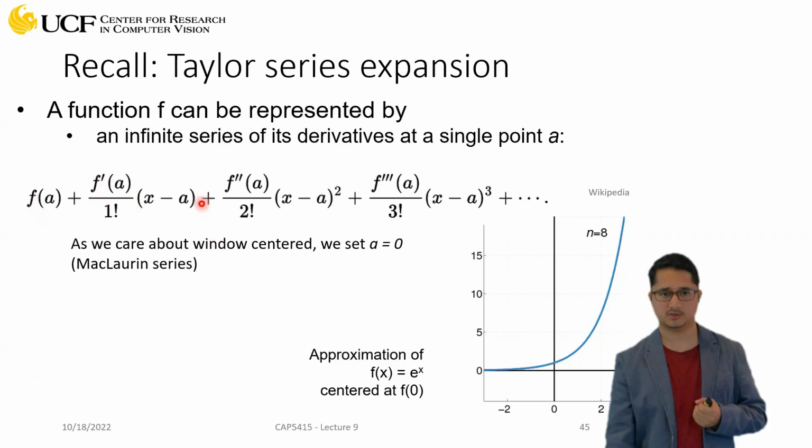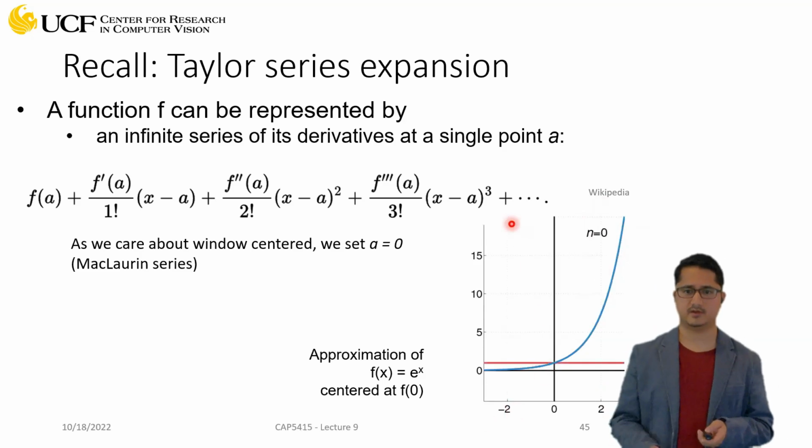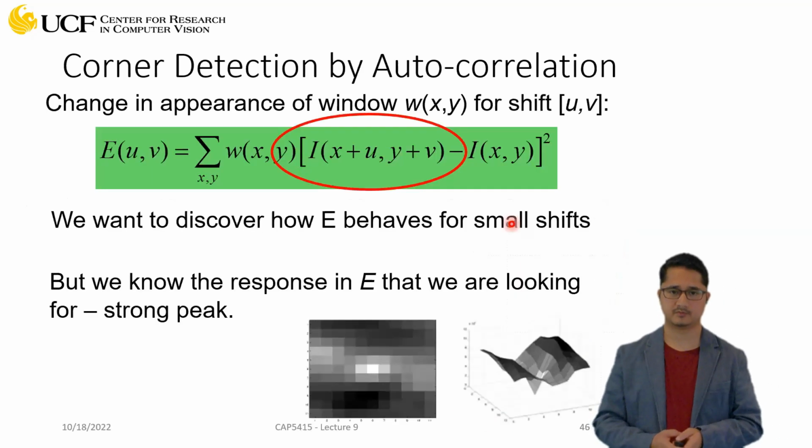And if you take 2 terms, then we compute the first order derivative, and then you have the slope as well. And as you keep including these higher order terms, by about n equals 5 or 6, you're very close to this function. Just a very simple example here.